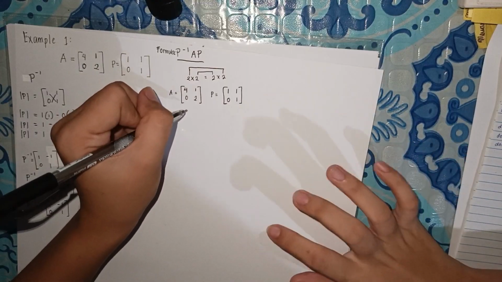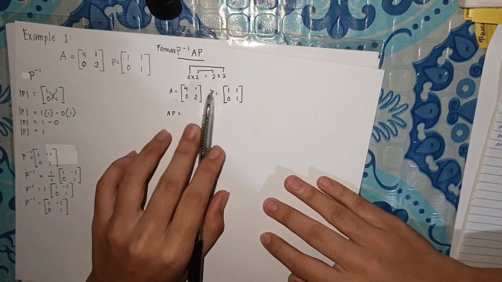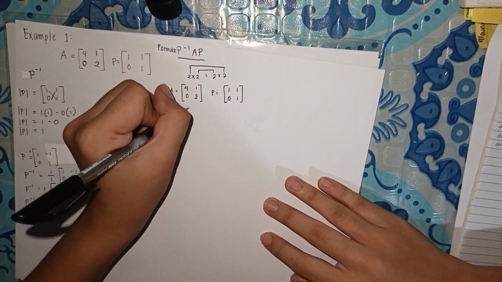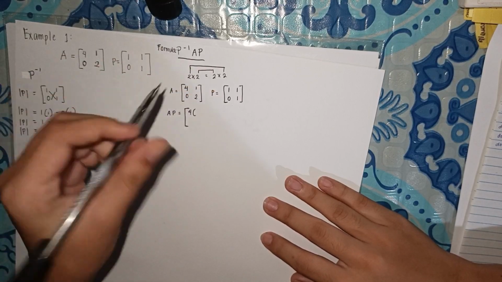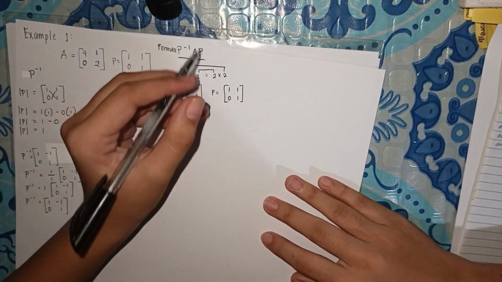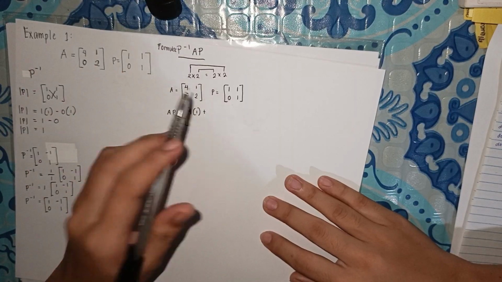The multiplication is row by column. So, 4 times 1 plus 1 times 0.